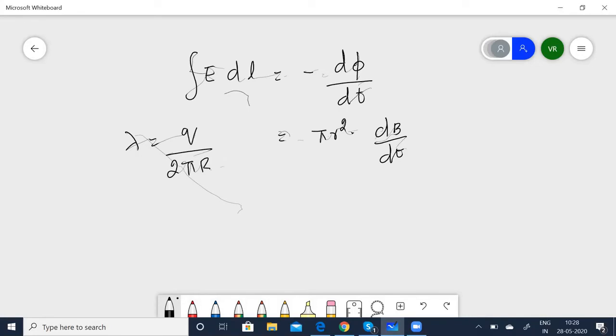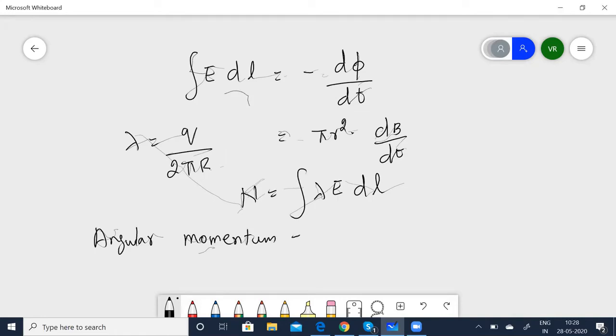That is the charge per unit length of the ring. So the net torque is given by N equal to integration of lambda E dl. Now the angular momentum is I omega, which is nothing but integration of N dt. Now you can solve both the equations, or you can equate both.